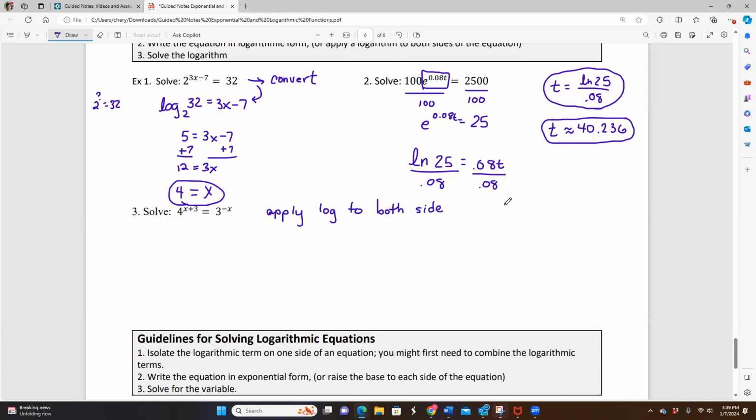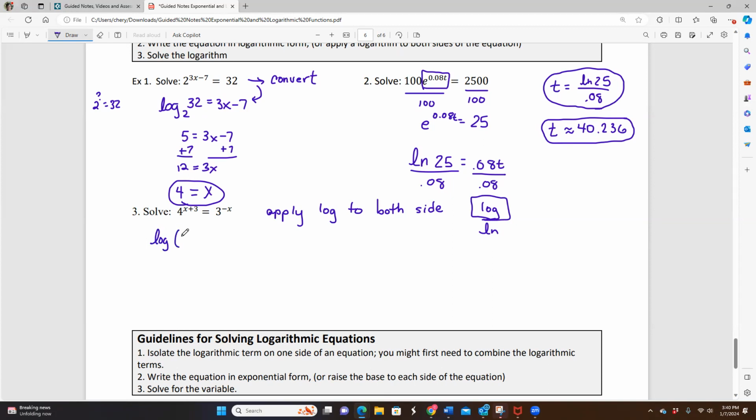Now you can apply the common log, you can apply the natural log, or you can apply the log of one of these bases. Let's go ahead and apply the common log for now. Since these are one-to-one functions, we can apply a log to both sides.